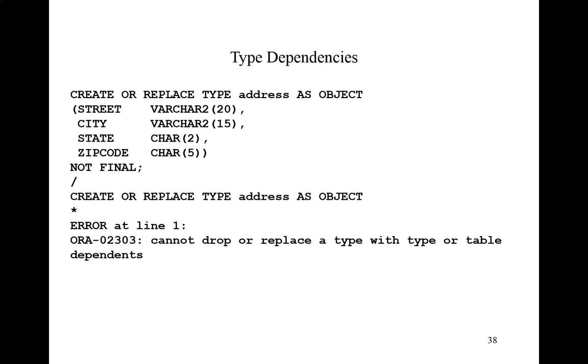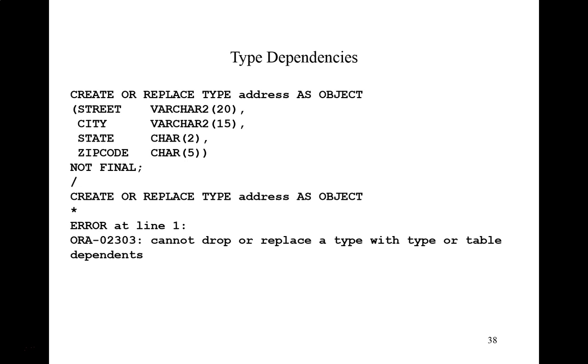And this tells us that you're trying to remove an existing type and replace it with a new definition, but you can't do that because something depends on this. What depends on it? Business address, even though it wasn't compiled, it was still created and the dependency was recorded in the database. So the create or replace type statement throws an error if the type being replaced has table or type dependencies. And that's exactly what the error suggests here.